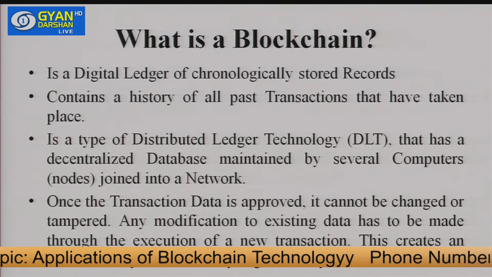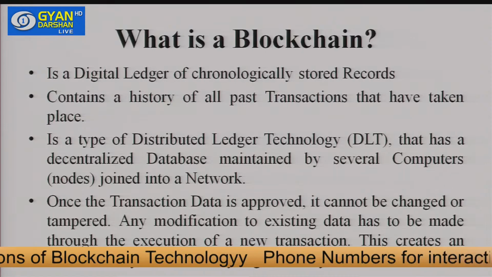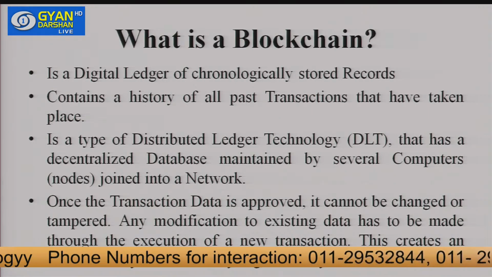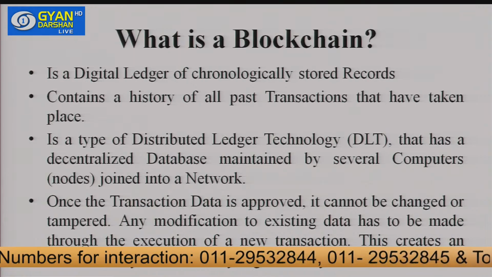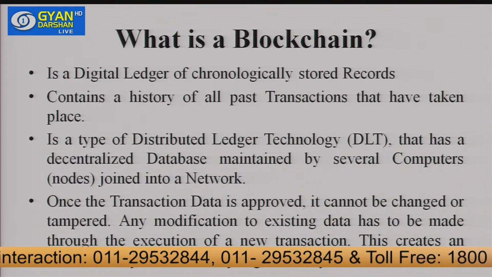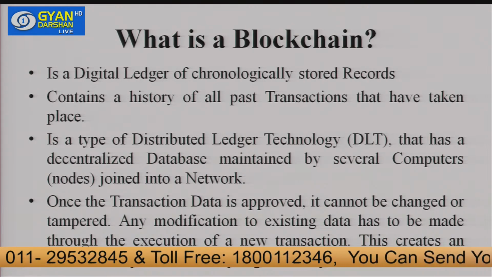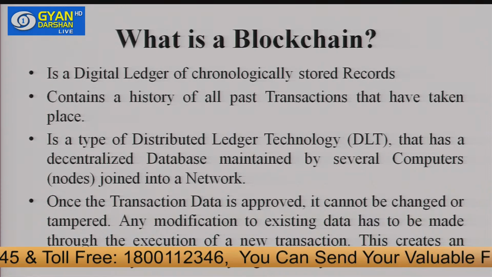So learners, first of all, we have to understand what blockchain technology is. It is a digital ledger of chronologically stored records. It consists of various records or information about the transactions, and that is known as a blockchain.